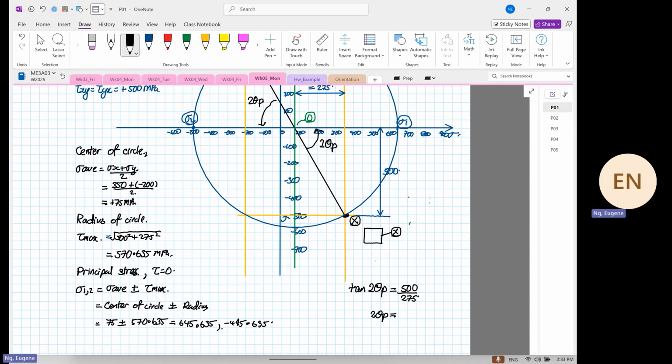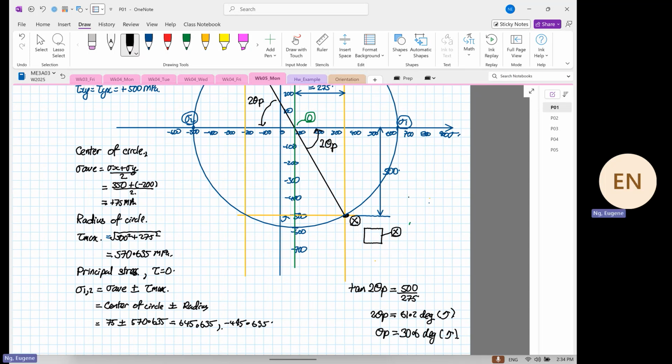So it's 61.2 degrees. Okay, and you have to write the direction anti-clockwise. And then theta P is equal to 61.2 divided by 2, is equal to 30.6 degrees anti-clockwise.